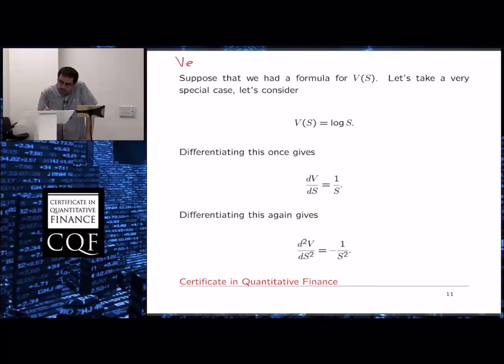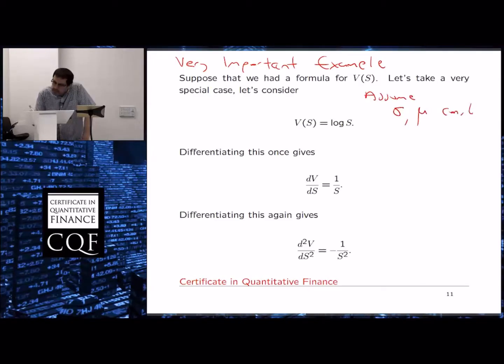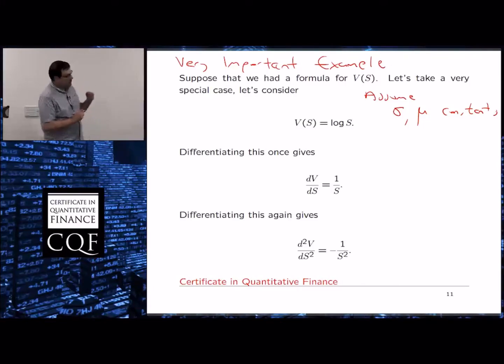So, very important example. What we're doing here is we assume sigma and mu are constants. You may come across another way of writing this in a book, so don't get put off.